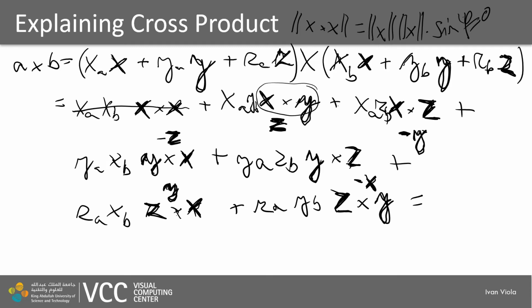Let's have a look for which are the factors which are corresponding to the basis vector x. That is, in the first one, we have y times z, here I'm sorry, is x.